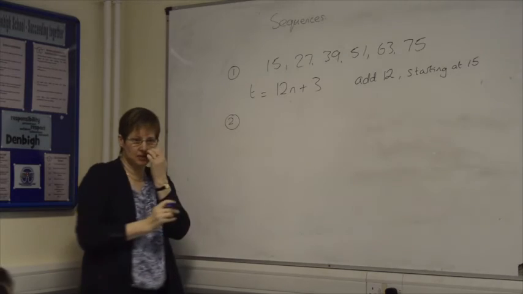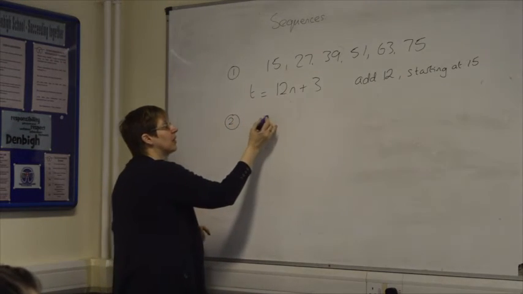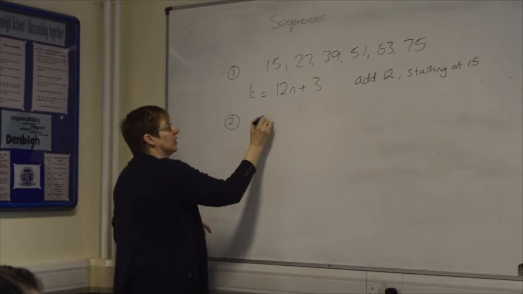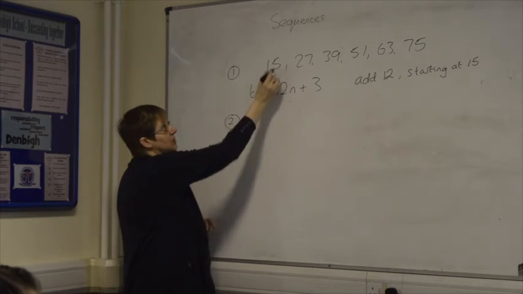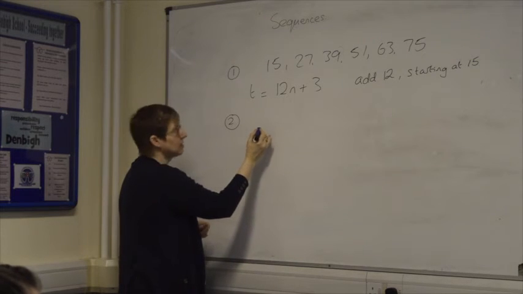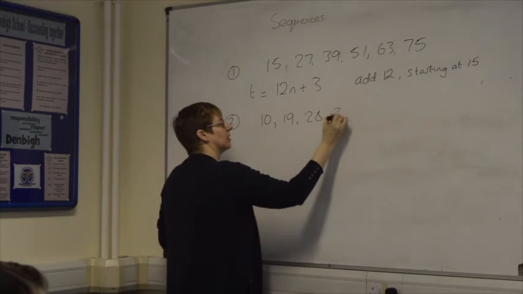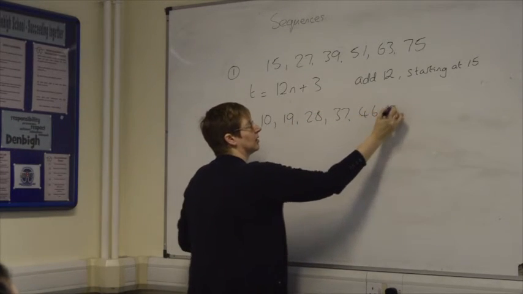So let's take another one. Irana, can you give me your first one or whichever one you want? Give me the numbers first, yes, in the sequence. 10, 19, 28, 37, 46, 55. Lovely.